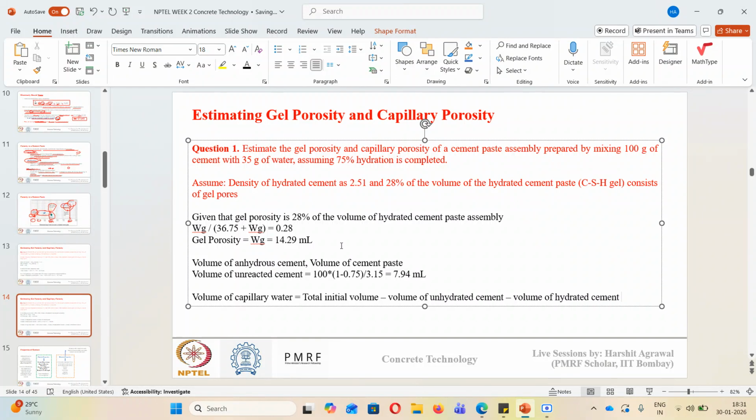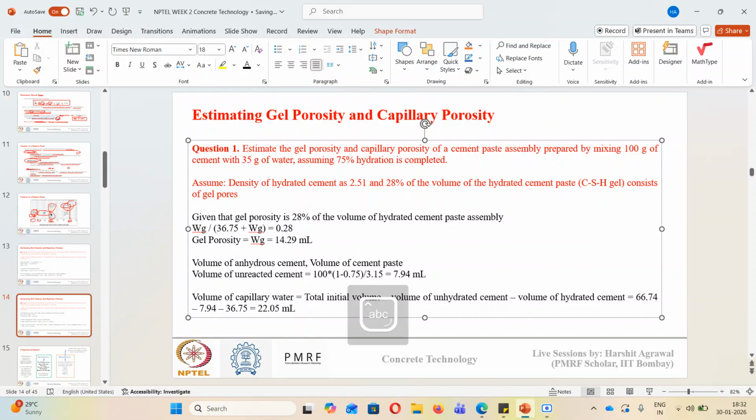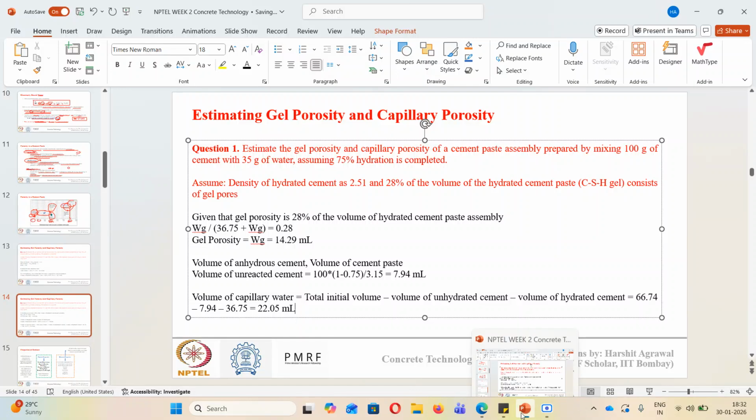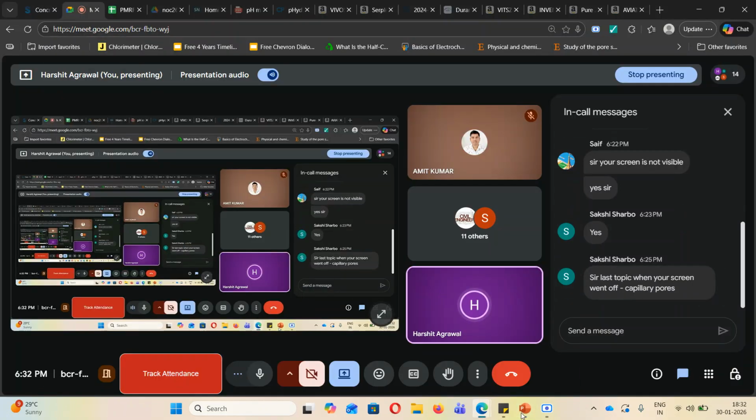So this will be nothing but 66.74 minus 7.94 minus 36.75. It will come out to be 22.05 ml. So this is how we got the volume of capillary water, which includes the water which has not reacted yet. Any doubt in this calculation?